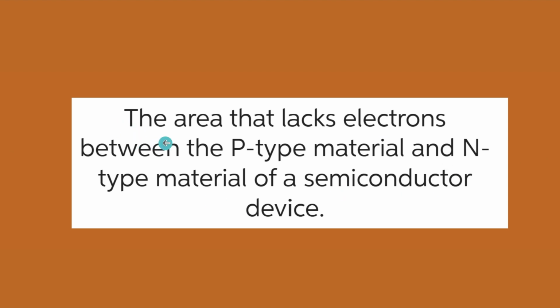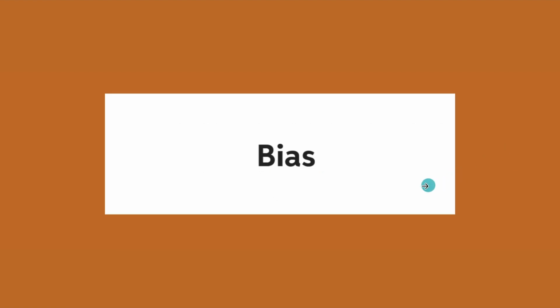Alright, let me read again. The area that lacks electrons between the p-type material and n-type material of the semiconductor device. For example, here is p-type, this side is n-type, and this middle of the semiconductor device is the depletion region.